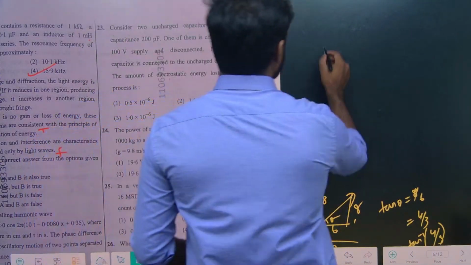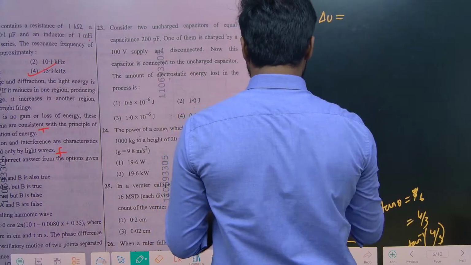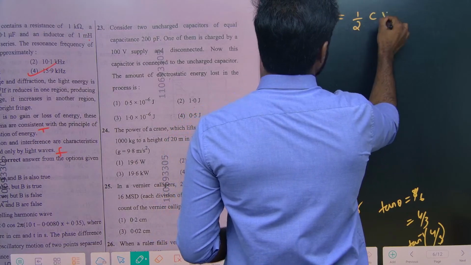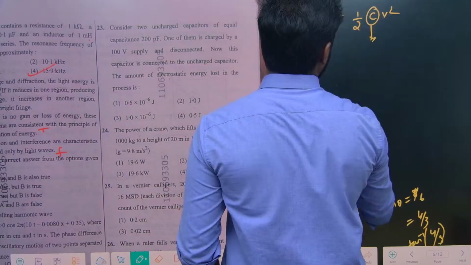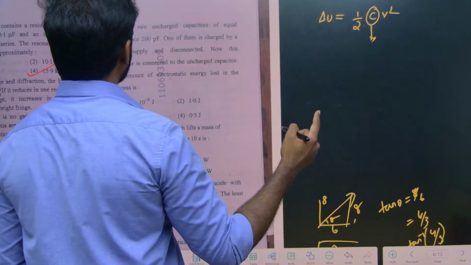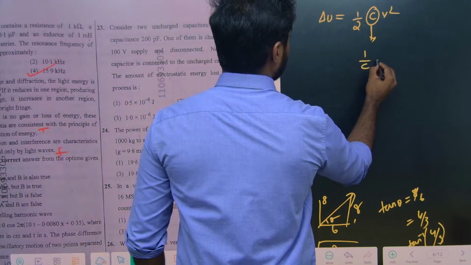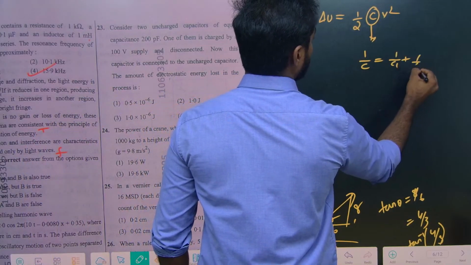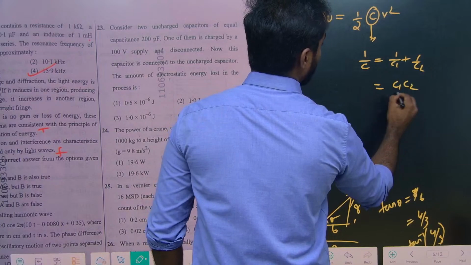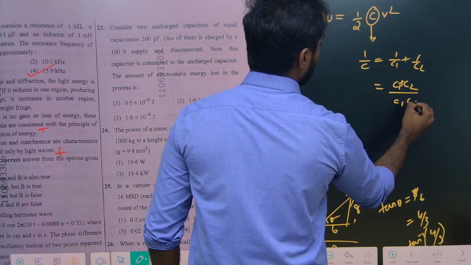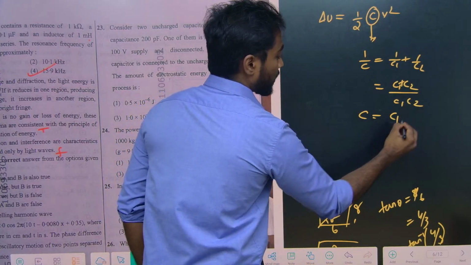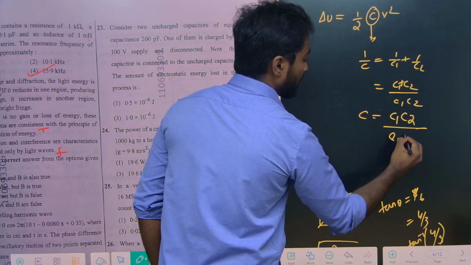So delta U will be equal to half C V square. This C I need to take in terms of the charged and then connected capacitors. So 1 by C equals 1 by C1 plus 1 by C2, so C is equal to C1 C2 by C1 plus C2.